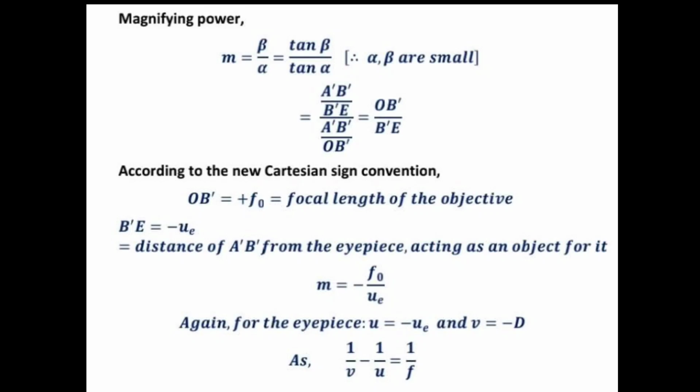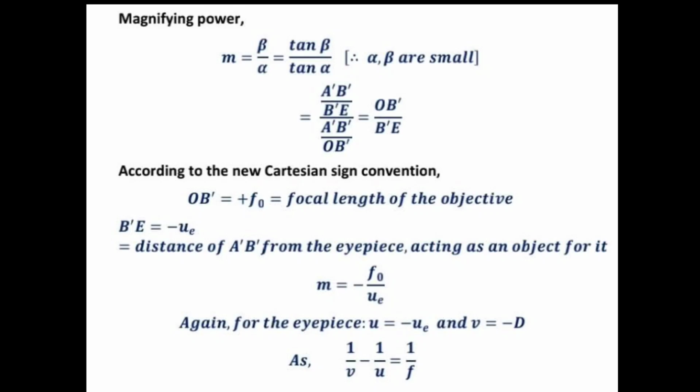Angles are small, so we take the help of trigonometric functions and get a relation with the help of the diagram, that is O B' divided by B' E. Then we use the Cartesian sign conventions and we find that m is equal to minus f_o divided by u_e.